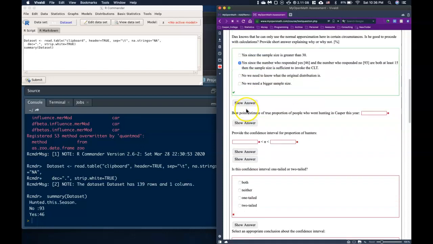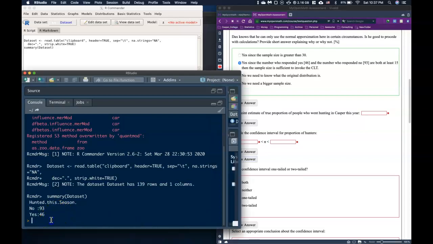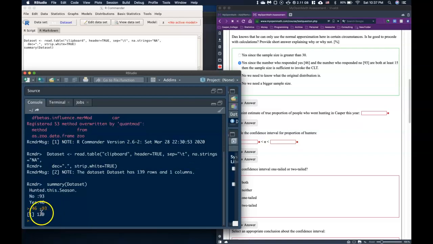Great. The next thing we need is the best point estimate of the true proportion of people who went hunting in Casper this year. That would be our sample proportion. Let's first see what our sample size is. Our sample size is going to be the sum of the yeses and the nos. We add these up and we got 139.